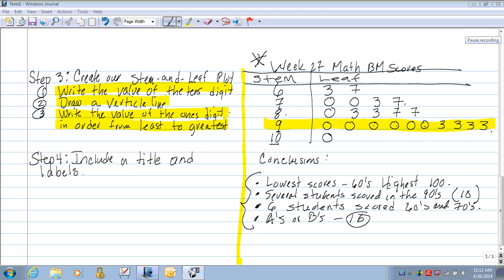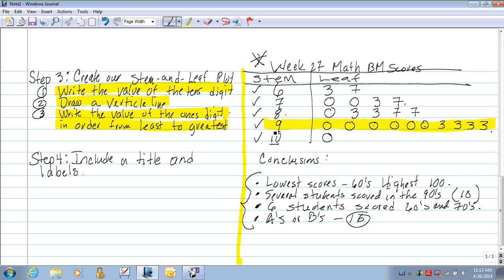Before we conclude our video, I want us to look at our stem and leaf plot. We know that we have students that scored in the 60s, the 70s, the 80s, the 90s, and also a 100. When you write your stems, you want to make sure you include the 10s, the lowest 10 and the highest 10. For example, we had no 50, so I would not include a stem of 5.